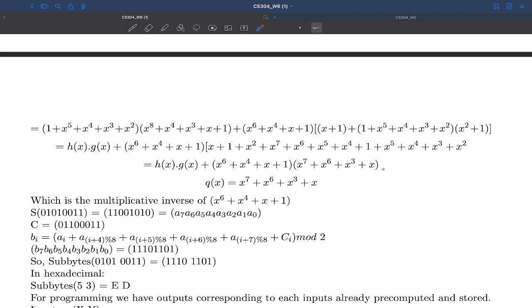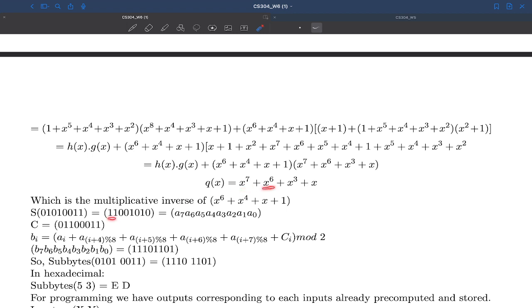Okay, so I got the inverse of P(x), but what now? What to do now? Convert this inverted polynomial into binary form. If I convert this polynomial into binary form, the coefficient of x raised to power 7 is 1, so at index 7 I will write 1.